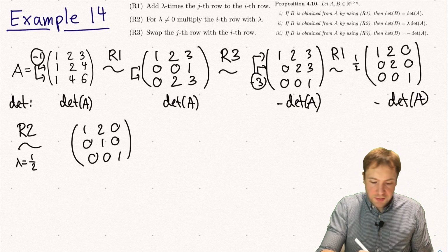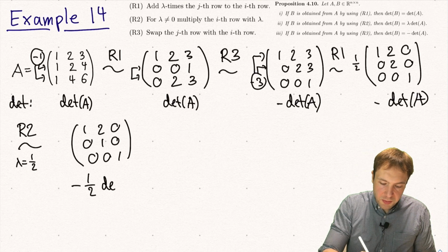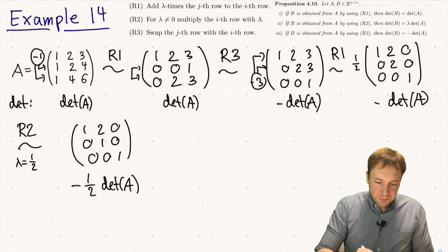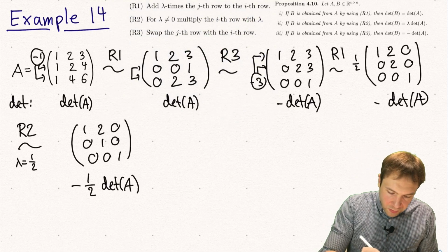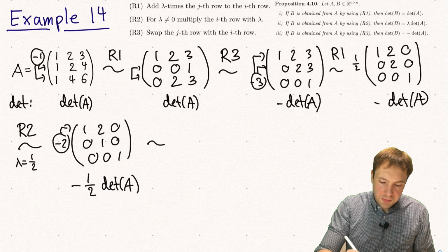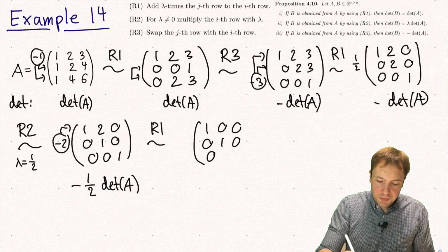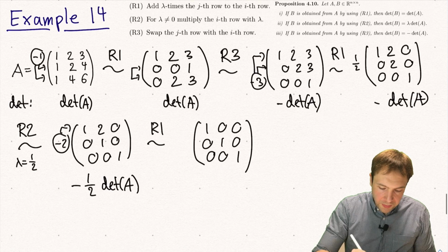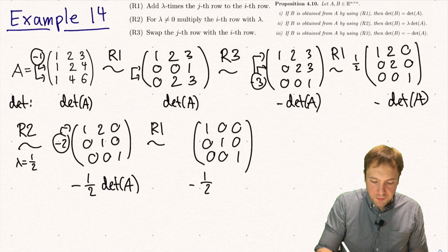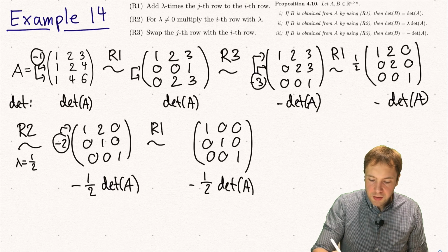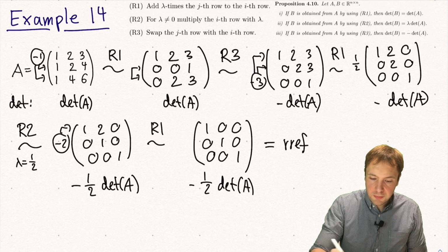And now the determinant is minus 1 half determinant of A. And now we subtract 2 times this from there. So this is again R1 to get this matrix here, the identity matrix. And since we used again R1, we don't change the determinant, so this has determinant minus 1 half determinant of A. So this is now the row reduced echelon form of A.